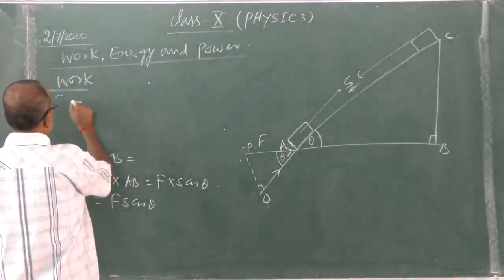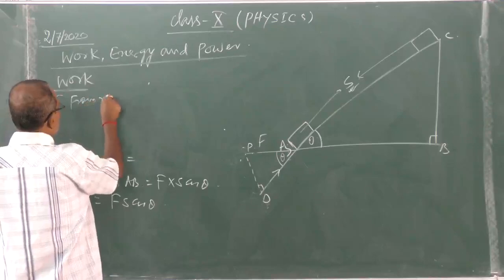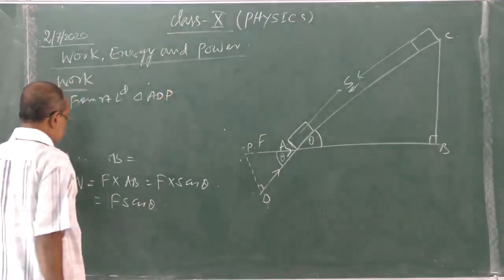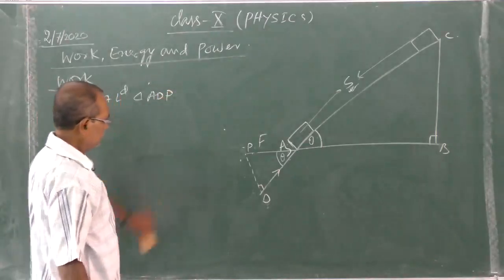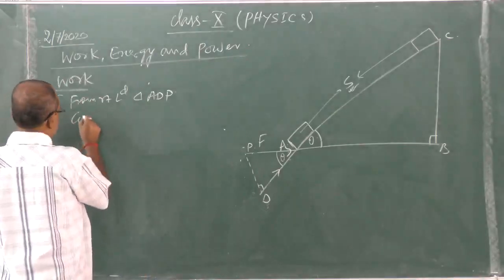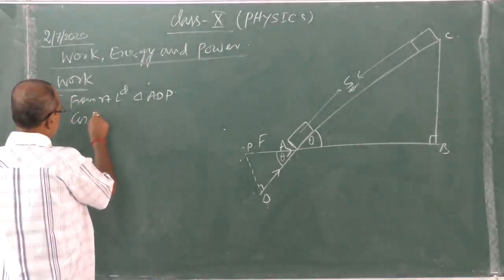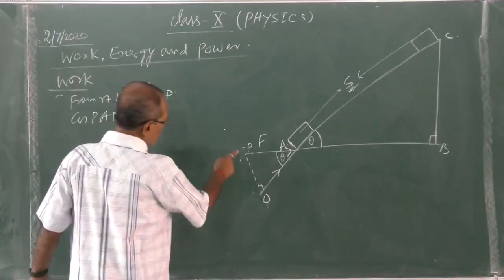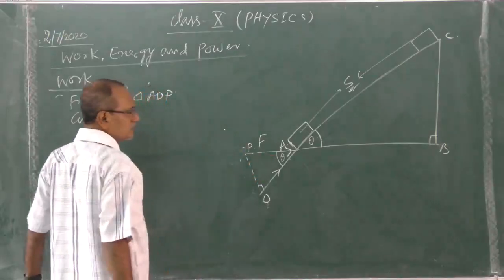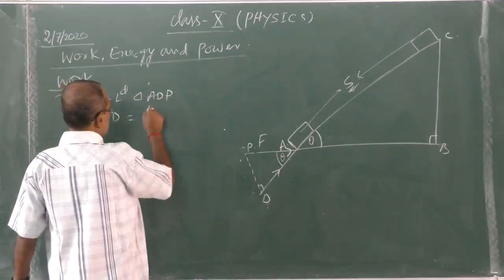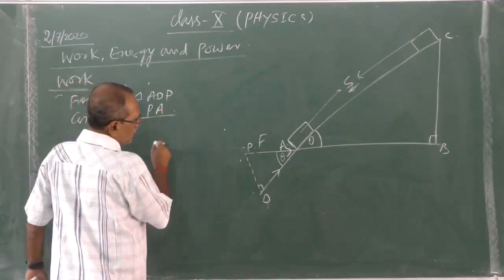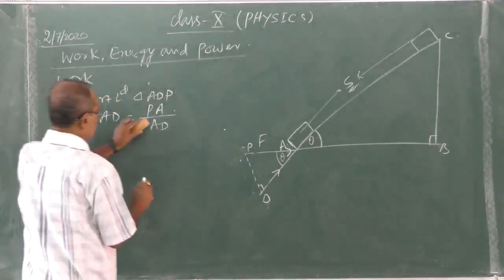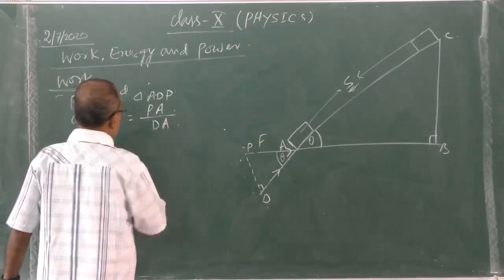ADP, from right angle triangle ADP, cos PAD is equal to base by hypotenuse.